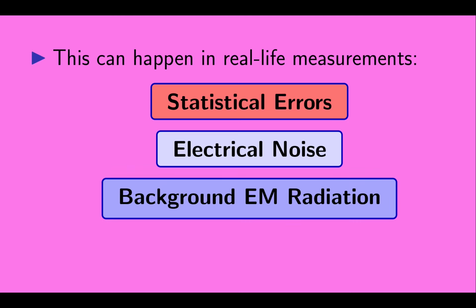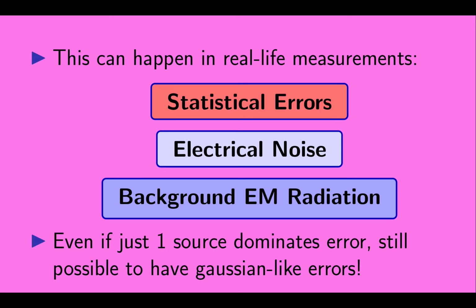Similarly, your measurement apparatus may be affected by background electromagnetic radiation, which comes from many independent sources. So it's very possible for individual sources of error to be approximately Gaussian distributed. And this means that even if just one source, for example, statistical error, dominates, it is still possible to have Gaussian-like errors.